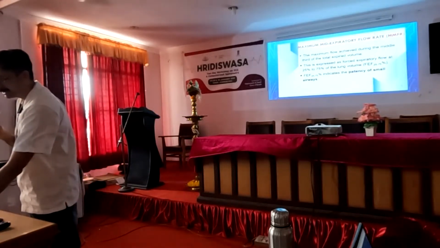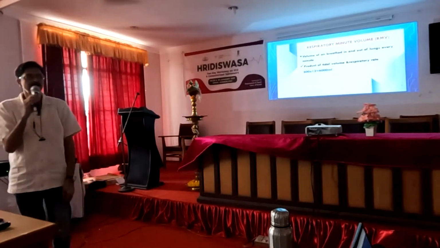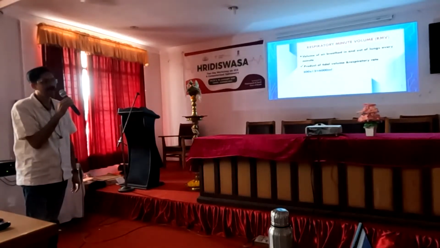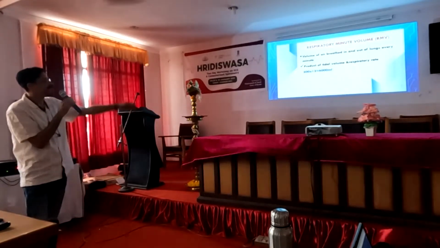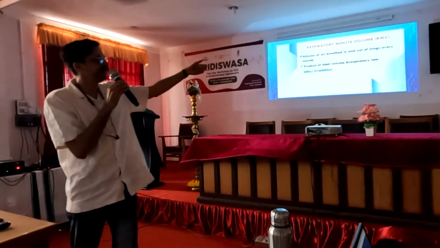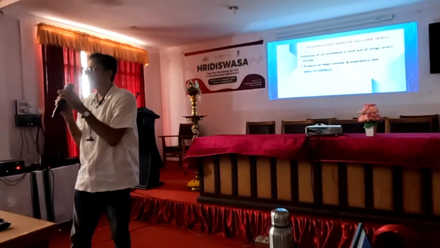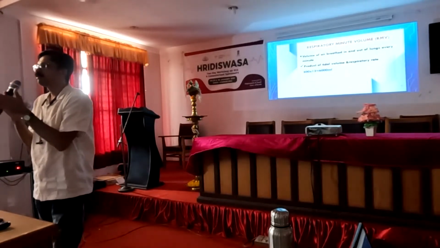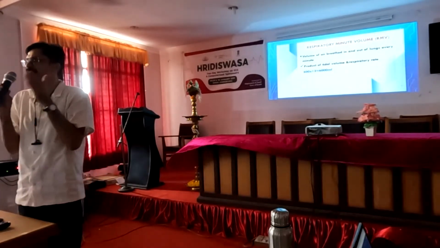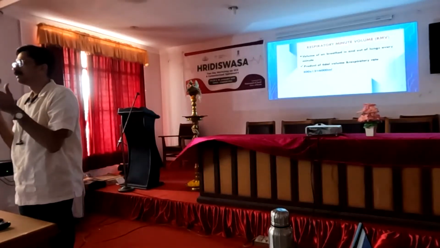Next comes the respiratory minute volume, RMV. Respiratory minute volume is the volume of air breathed in and out of the lungs every minute. Respiratory minute volume means tidal volume into normal respiratory rate.